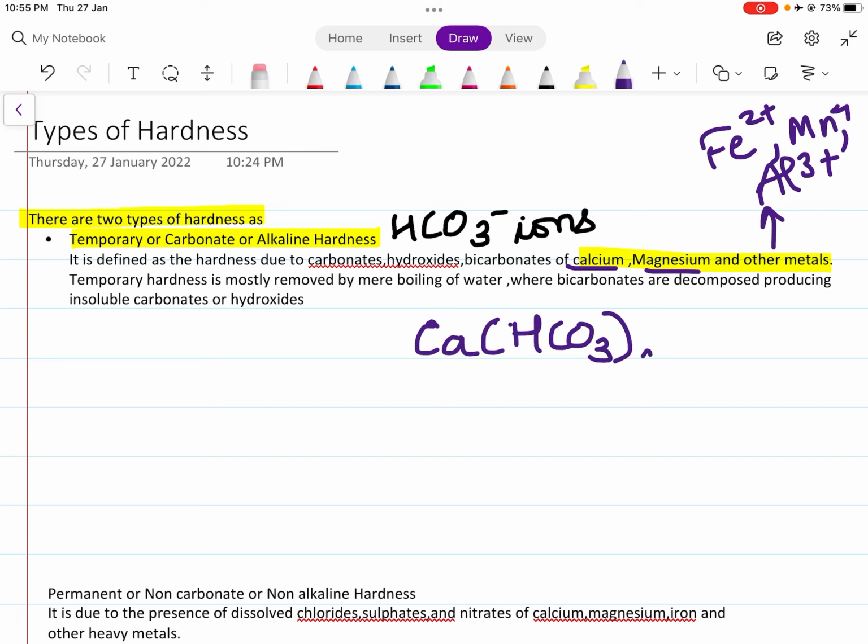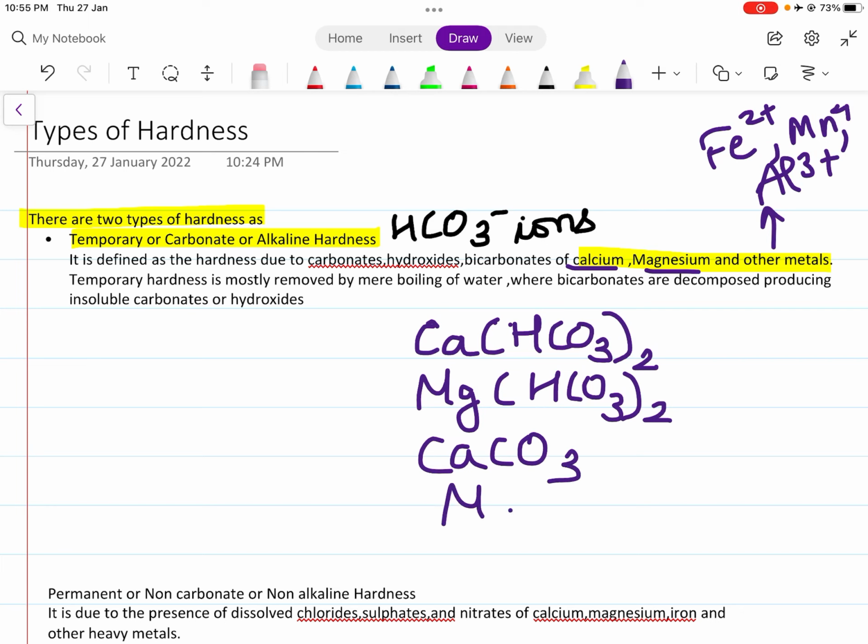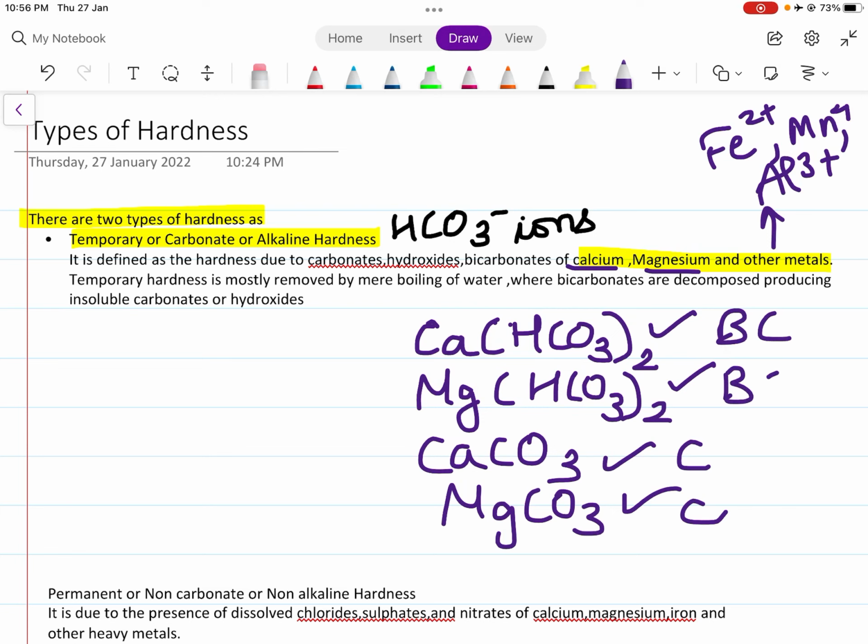Ca(HCO3)2, magnesium Mg(HCO3)2, CaCO3 and MgCO3 are carbonates. These are the bicarbonates. Let's see how the hydroxides are formulated.